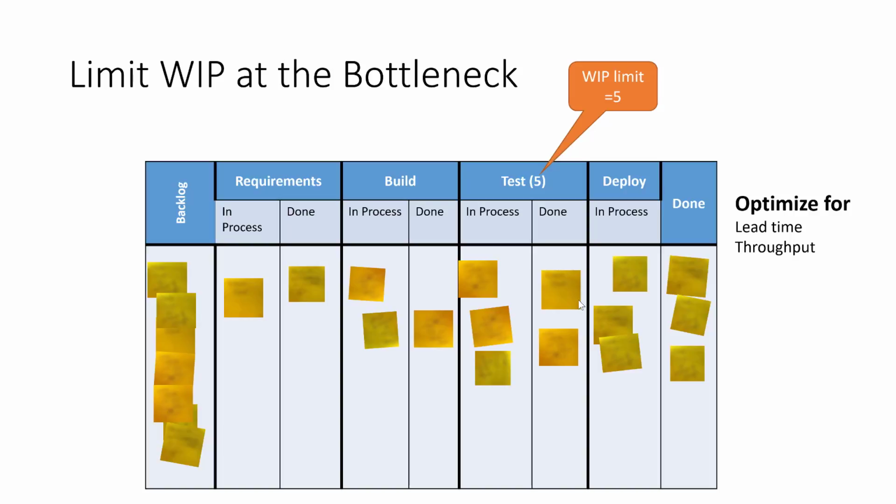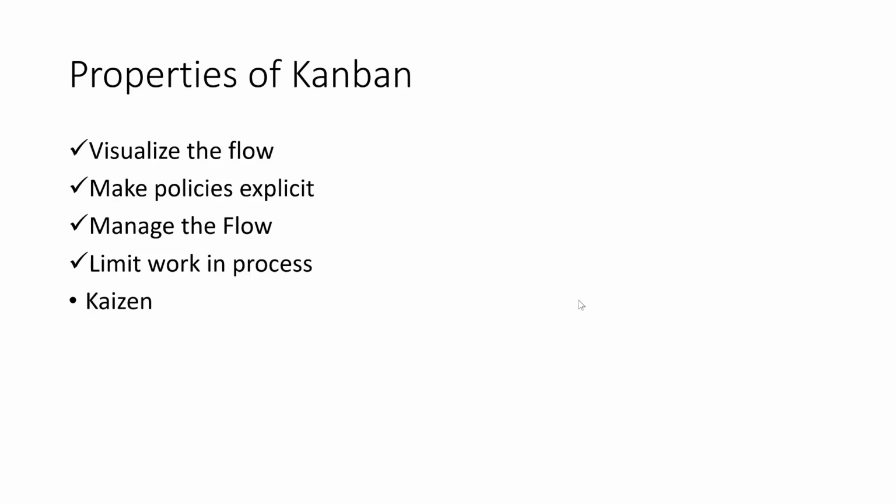You'll move it probably to the build phase. That's theory of constraints. So I really recommend that you read Eli Goldratt's book, The Goal, and learn about the theory of constraints there. But the idea isn't necessarily to remove your bottlenecks, but to control your bottlenecks and know where they are, right?